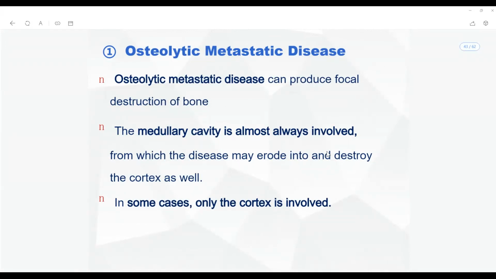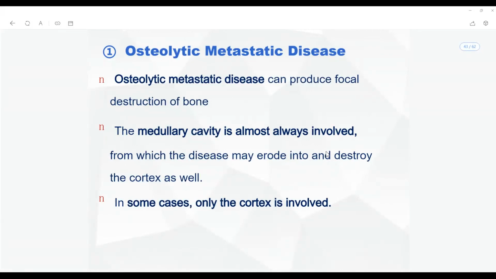Depending upon the extension of focal lytic lesions, we can determine the progression of a metastatic disease. That's the take home concept here. When analyzing the progression of metastatic diseases, the extension of the osteolytic lesions inside the bone will tell you what stage you are looking at.